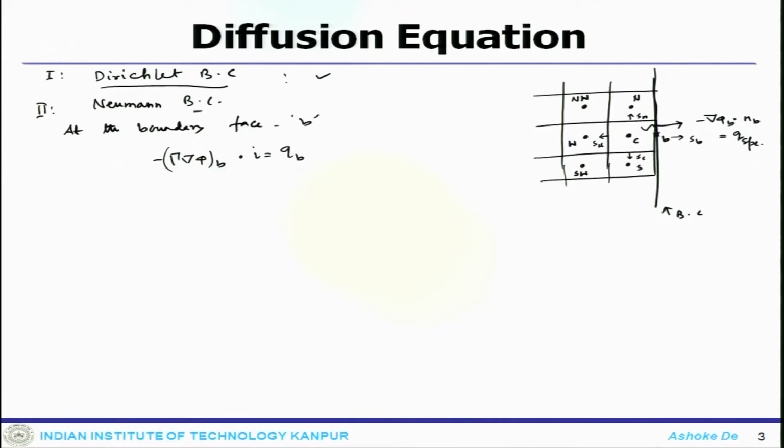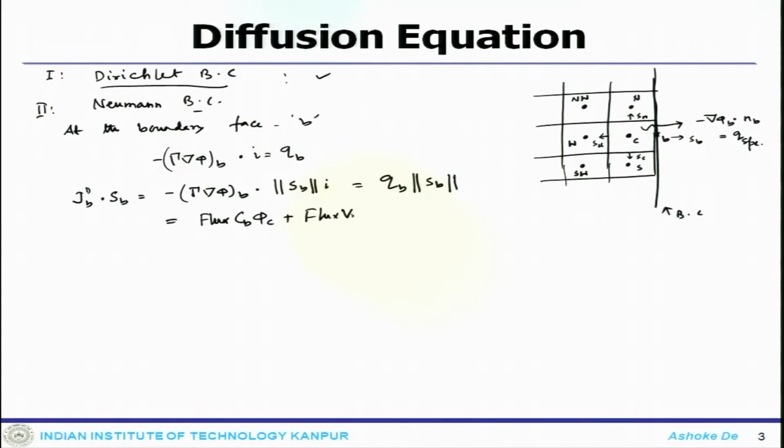In other words, one can write the diffusion flux at B equals minus gamma del phi b dot SB I, which will be QB SB, which is equivalent to the flux which is defined there, CB phi C plus flux VB, and these are the coefficients.